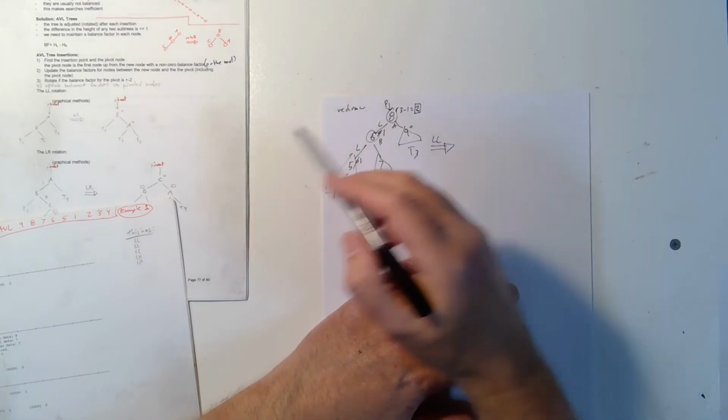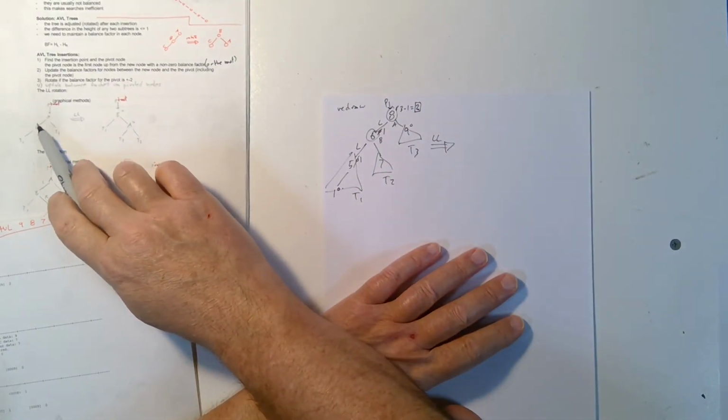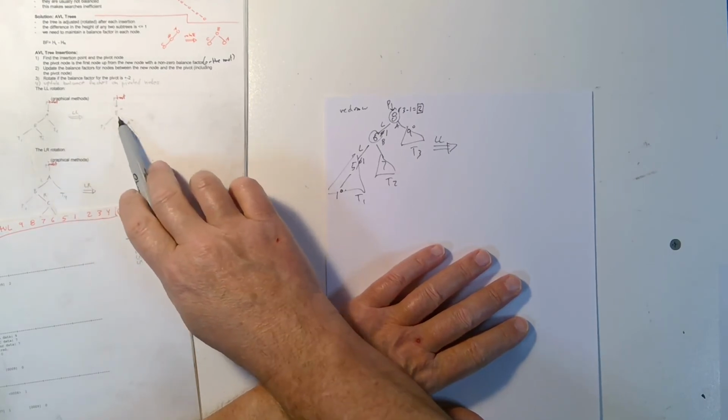So we have this AB orientation. Now it becomes this BA orientation.